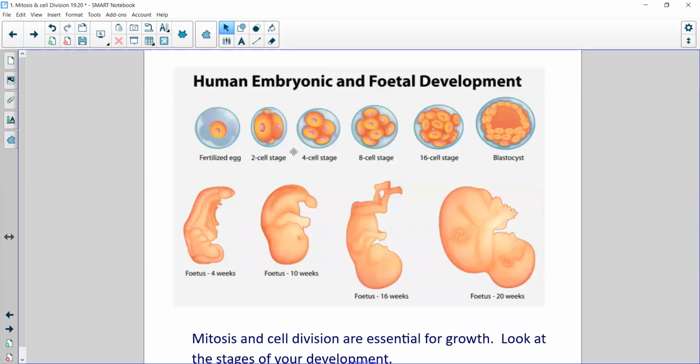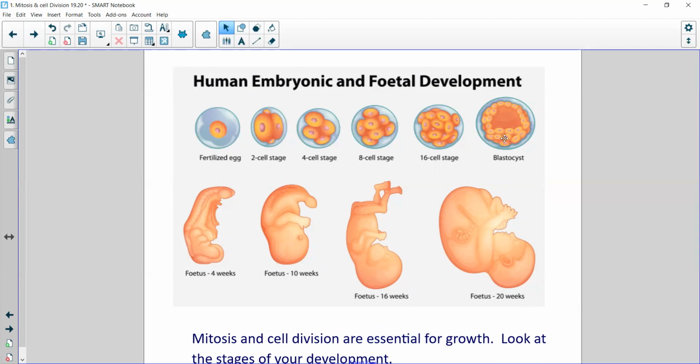So you can see that broken down a little bit more here. This is our fertilized egg or zygote, and it then has to divide, and again, and again, and again, and again. And it's getting more complex. So you'll see, obviously, we've gone from just a ball of cells to something a lot more complicated by the time we get to this. So there is another process that goes on.